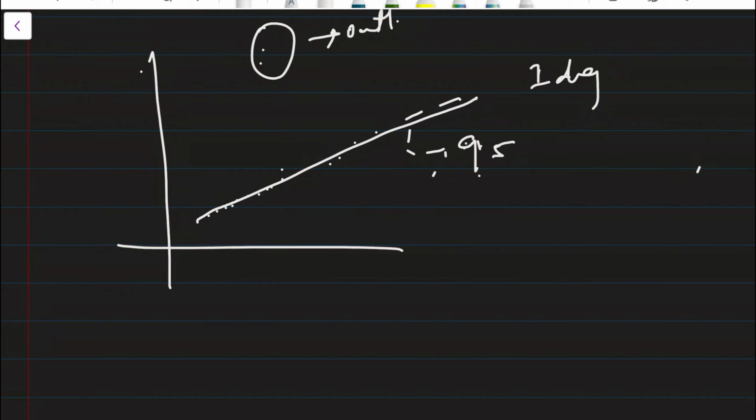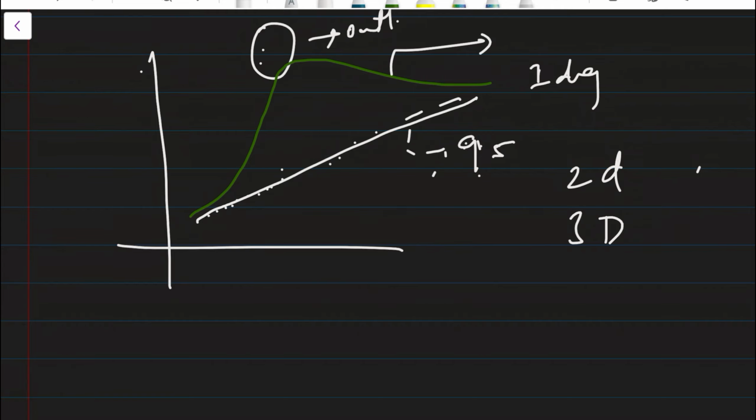But when we use degree 2 or degree 3, the line will be like this. Because we have changed the degree, the accuracy drastically reduced, right?